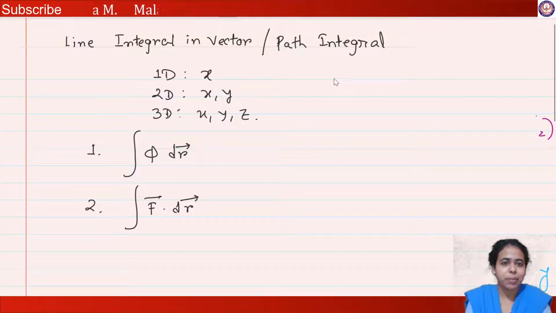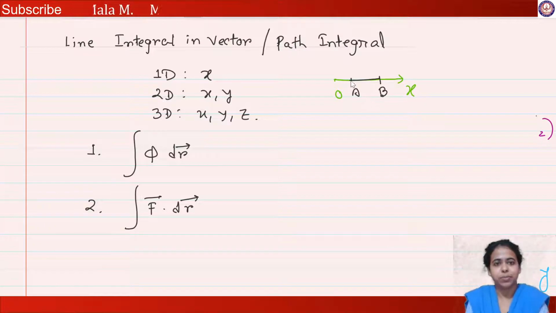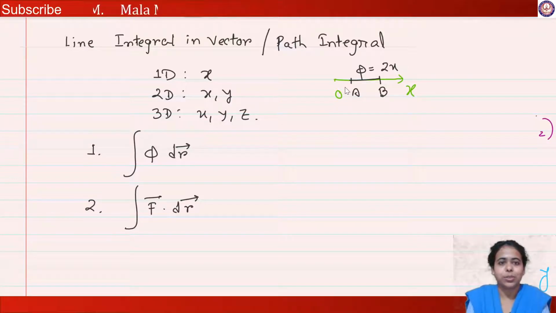So this type of integration, if we want to show physically, this is our x-axis in 1D and we simply take a path from point A to point B and we have a function phi. This function can be anything, 2x, 2x square, anything. If you integrate these functions from A to B, then we get the line integral of the function.